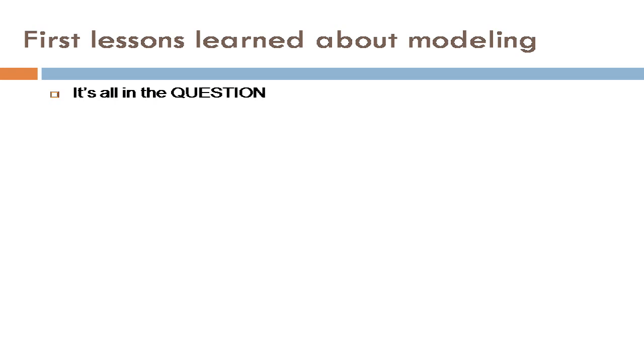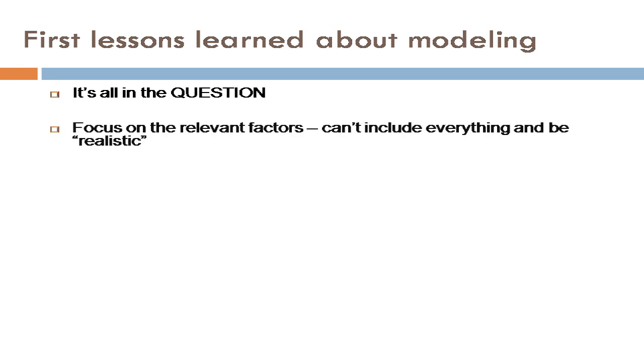And then a key lesson about modeling is also you need to focus on the relevant factors. There's no way that you can include everything and try to be completely realistic. Otherwise, it'll be as complex and intractable possibly as the real system itself.